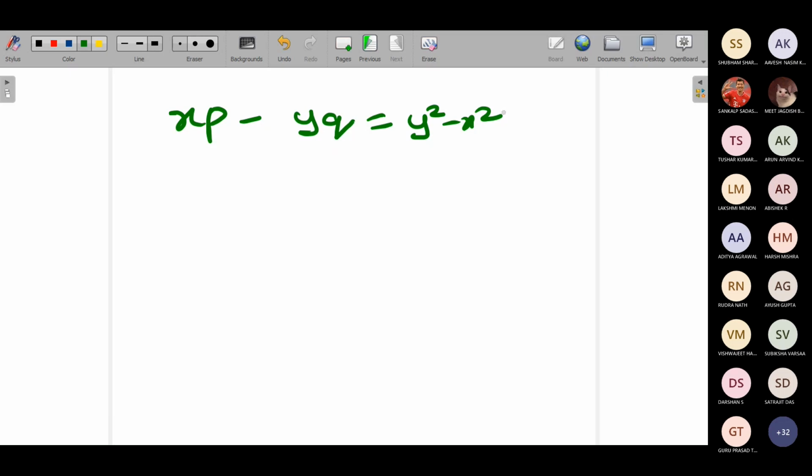Come on, try to solve this. Just check whether you are able to do the second ratio or any other form.